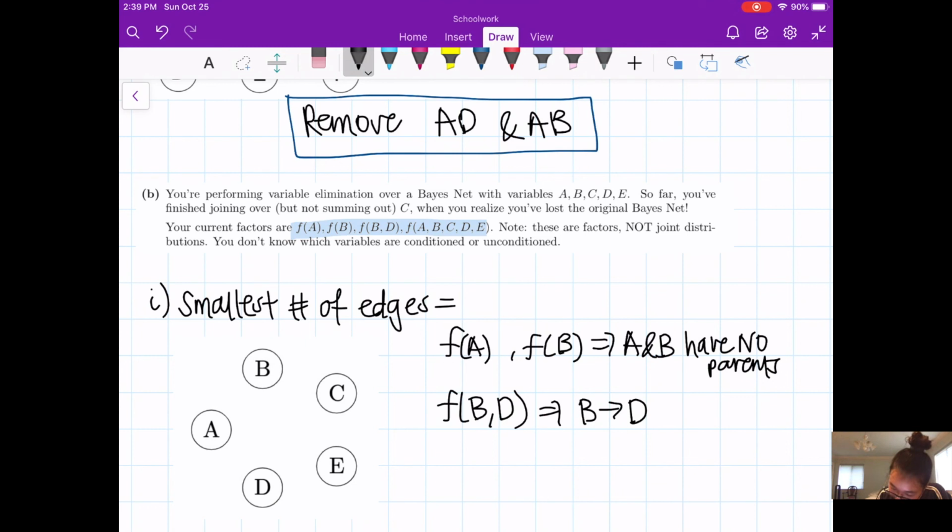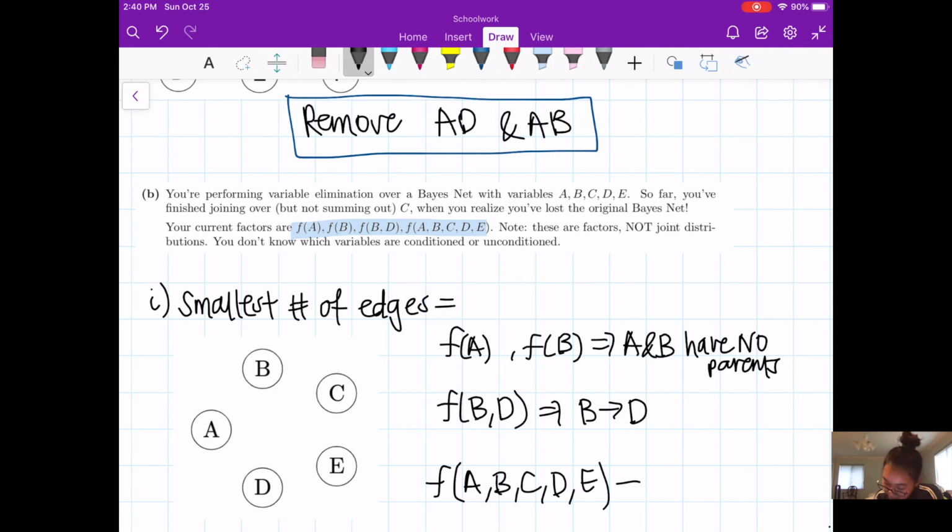And then our last factor is this big 5 variable factor. So C, D, and E. So we've already considered factors with A, B, and D beforehand. So that means that C and E must have a connection of some sort.